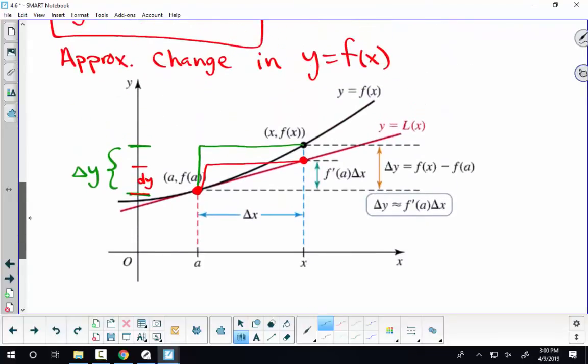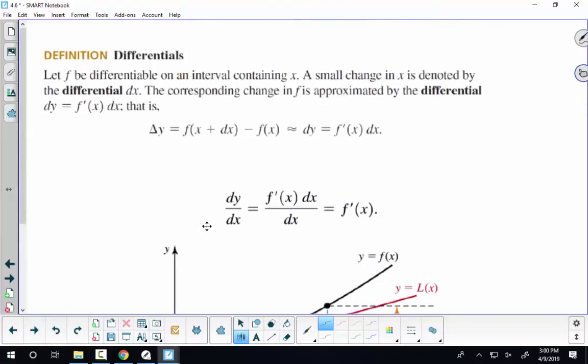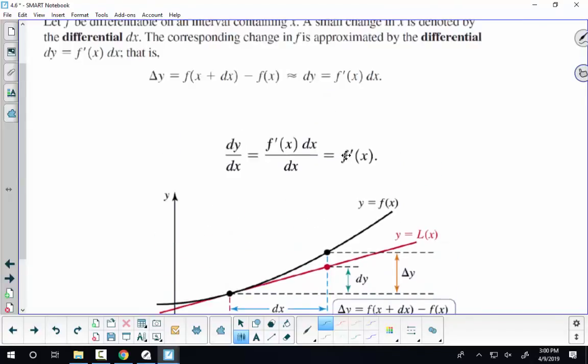So that figure is not important that you capture. What's important is to know the formula and to understand what that formula tells you. So the formula for the differential is this right here. I'll go ahead and highlight that.